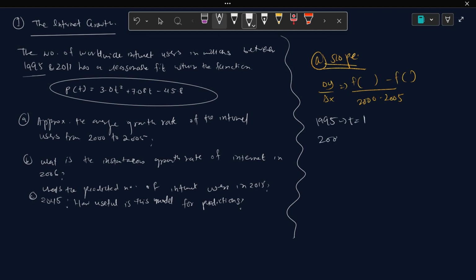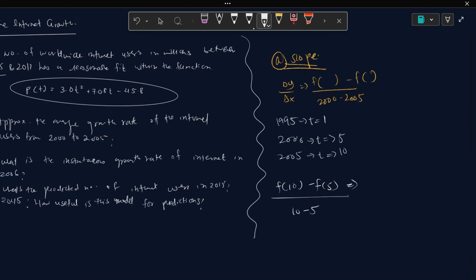So for 2000, t becomes 5, and for 2005, t becomes 10. Since it's the change in y, it is y2 minus y1, and since it asks from 2000 to 2005, we put f of 10 first, then f of 5, divided by 10 minus 5, the change in x.